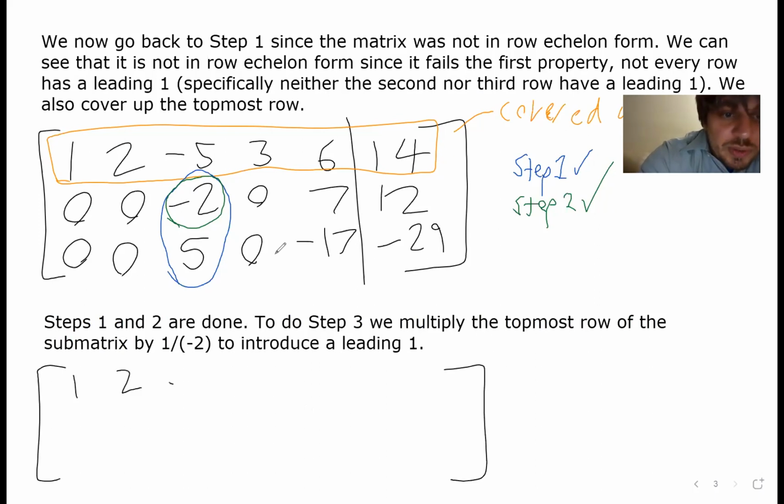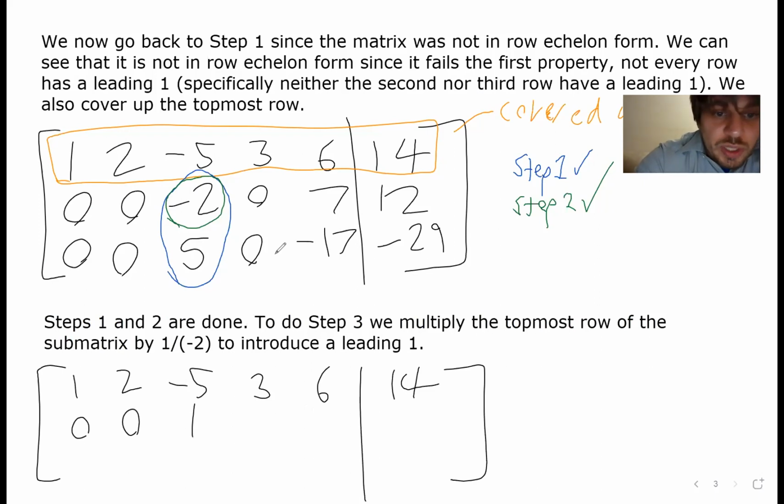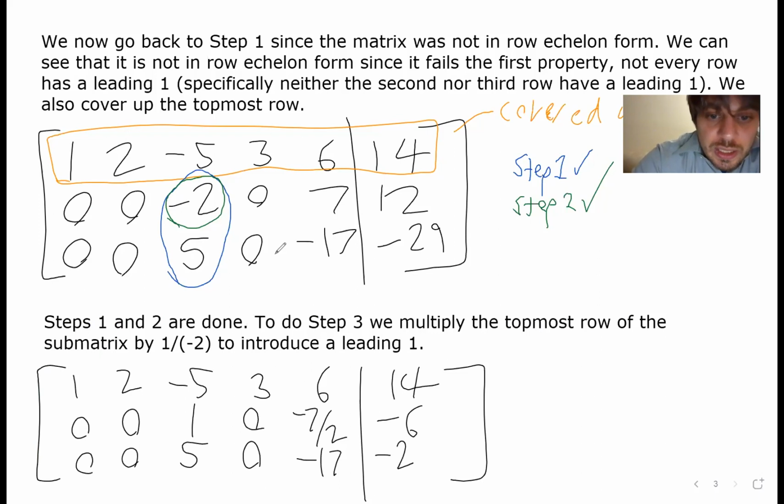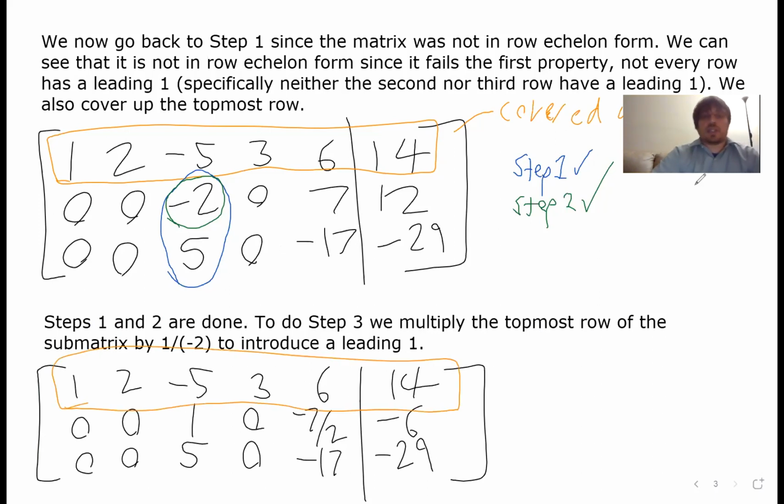So we have the top row covered up. It's still covered up. We're multiplying this row by 1 over -2, which is -1/2. So 1, that's -7/2. This is -6. The third row stays the same. Okay, so now the first row is still covered up.